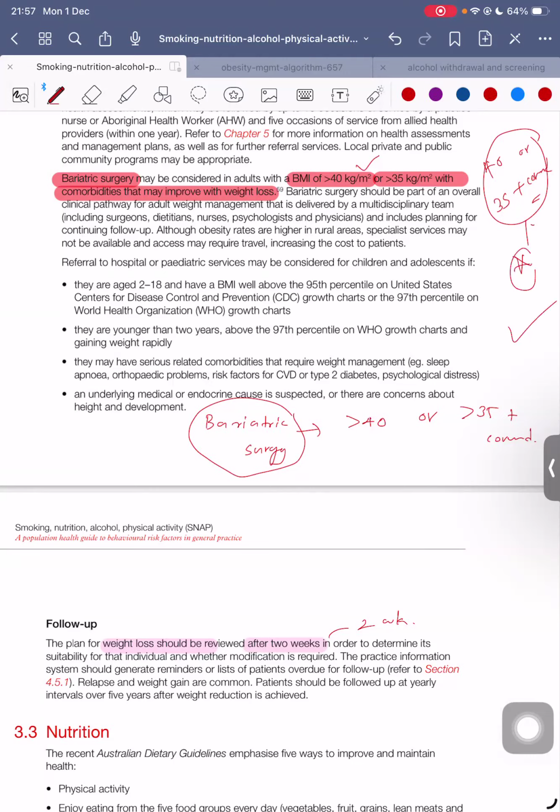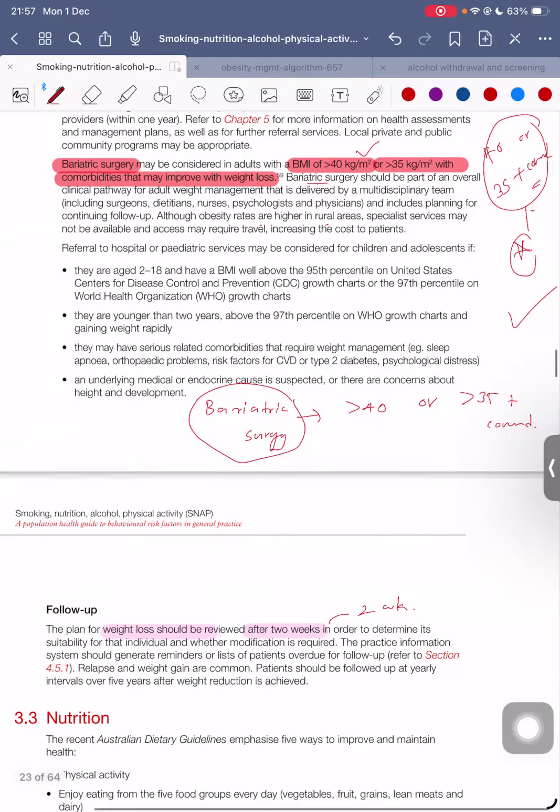Please remember this. Bariatric surgery should be part of an overall clinical pathway for adult weight management that is delivered by a multidisciplinary team, and include planning for continuous follow-up.